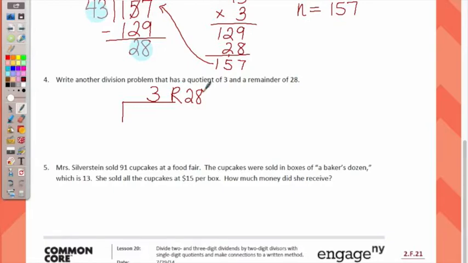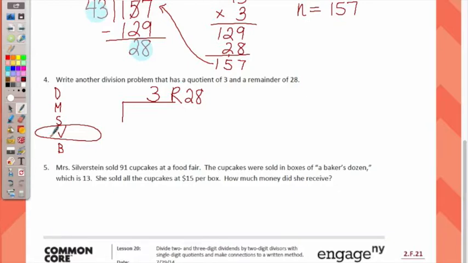Now there's only one rule for picking a divisor. And here's what I want you to think about before we answer this. Divide, multiply, subtract, check, bring down, right? When I check, what am I checking? Is my remainder lower than your divisor?